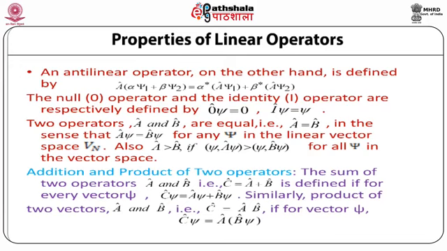We can define another operator C such that operator C is equal to operator A into operator B if for every vector psi we have the operator C acting on psi equal to operator A acting on, within brackets, operator B acting on psi.